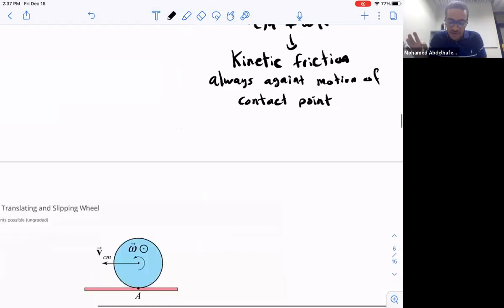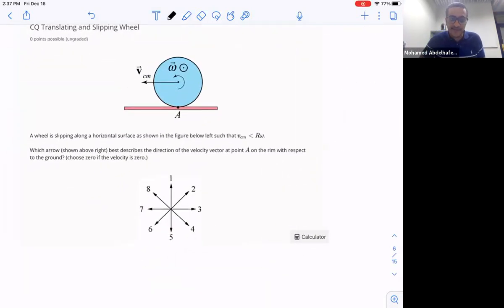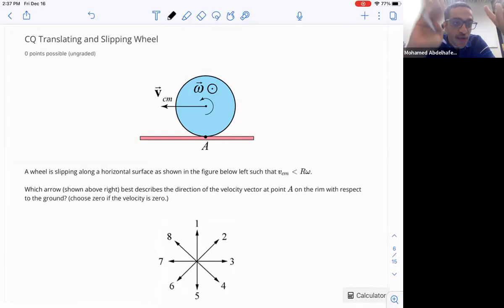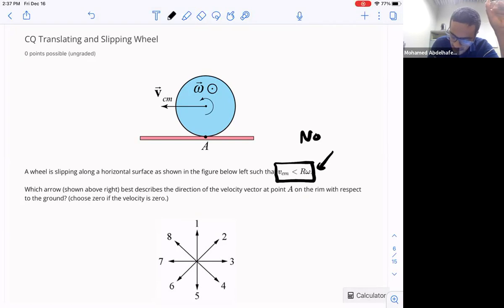Let's apply it to the concept question in the practice quickly. So we have this case. This is an object translating and rotating at the same time. It's not rolling without slipping. Be very careful. Is the question saying rolling without slipping or no? Here the question is saying specifically that VCM is less than R omega. So this is not rolling without slipping.